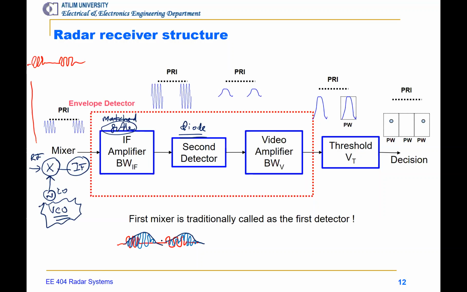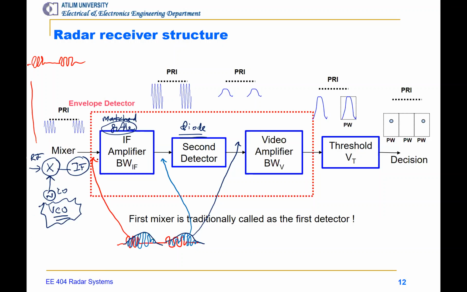Here is the output, and this blue one is the illustration of the signal right here, and the red one is the input to the IF stage. So it looks similar, not exactly, but like this. Here we have no noise. If we add noise, that's going to be quite complicated.